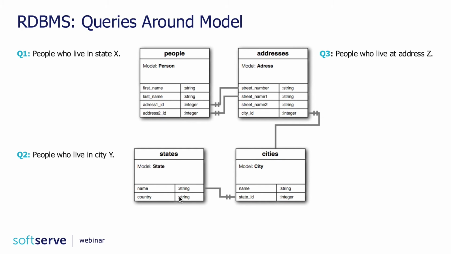And let's take a look at how we used to model data in RDBMS. Usually we used to create a third normal form set of tables. And this data model will probably work for most of the queries you have. Do you want to see who lives in the state of Texas? It's very easy to retrieve this data using this schema.